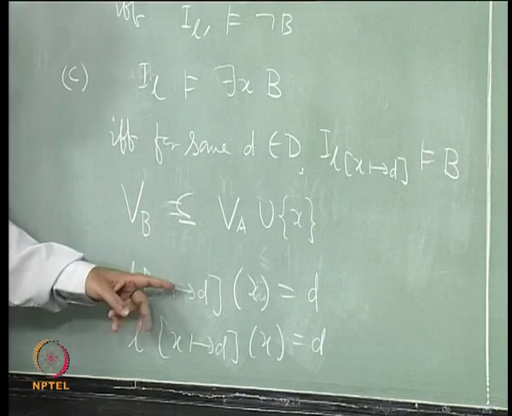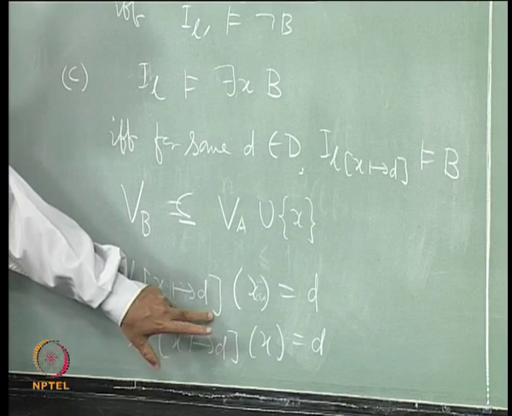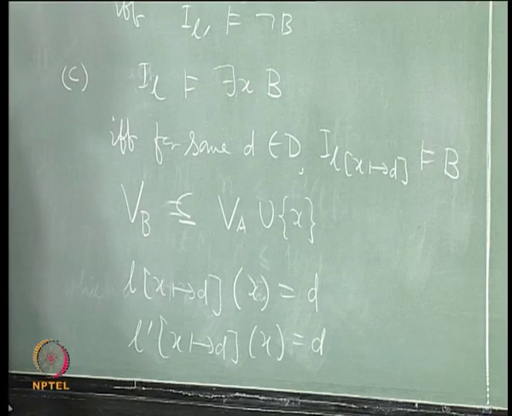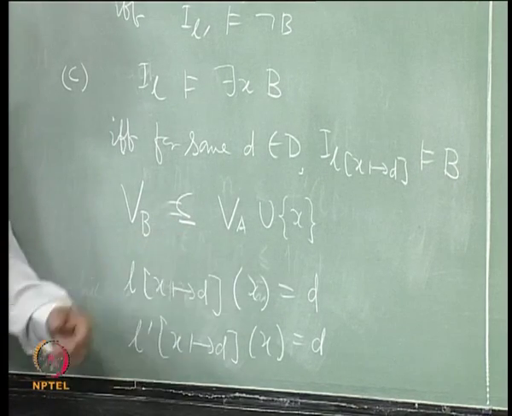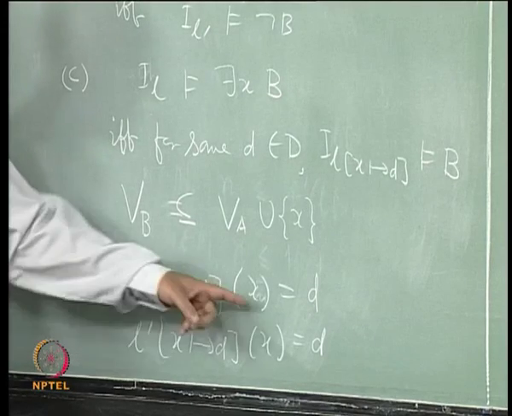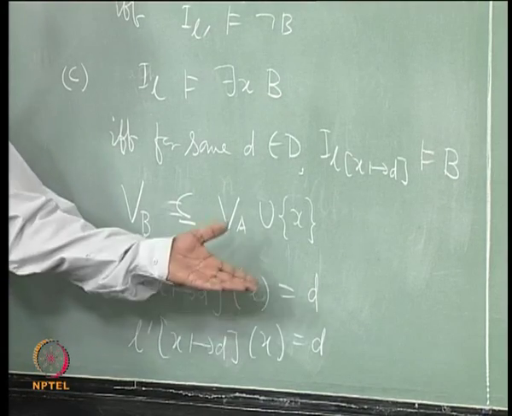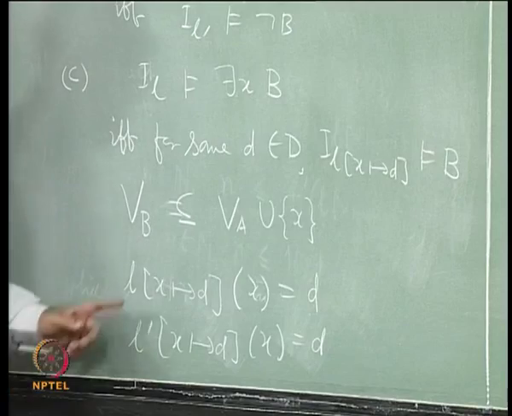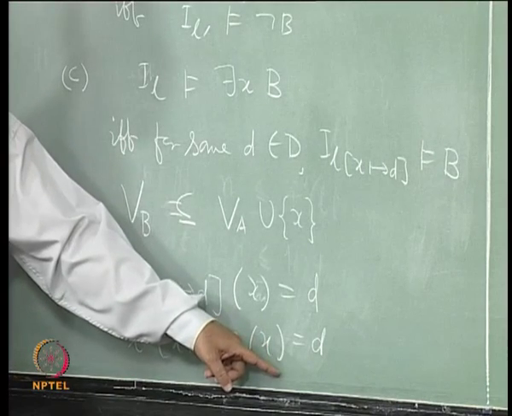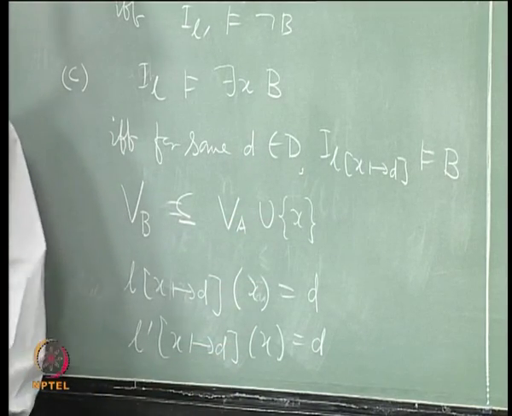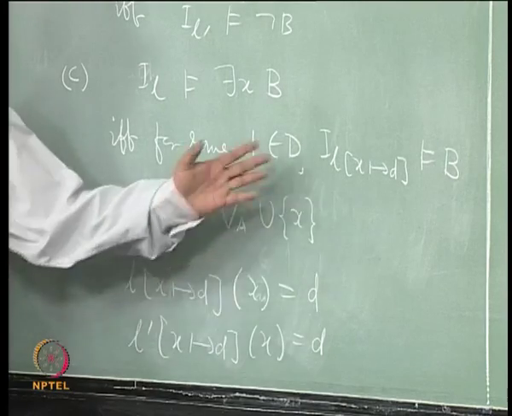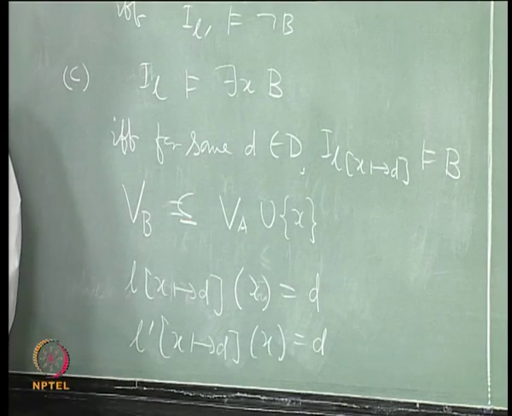So, you have to verify these valuations on any y, but that is not difficult, because L x fixed to d of any variable y is equal to L of y, and L prime x fixed to d of y is also equal to L prime of y, and L of y and L prime of y agree, right.